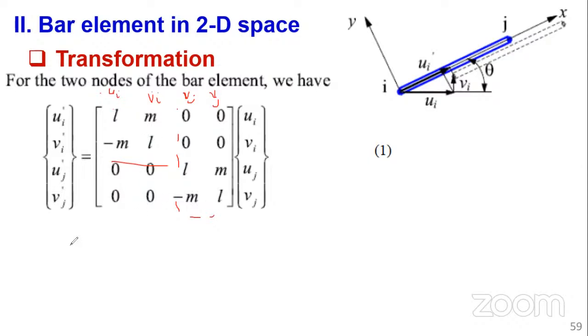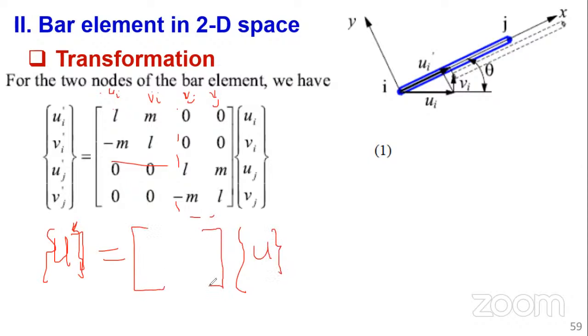So as you can see, we are saying we are able to transform quantities in local coordinate system to global coordinate system using a transformation matrix. And now, because it's not just for one node, but for the whole element, our T now will be without a tilde here. This tilde, we remove that. So you're saying we can transform from local coordinate system U, the deformation, to global coordinate system U using a transformation matrix.